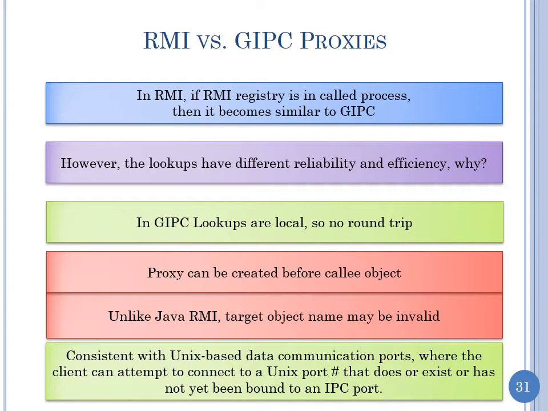On the same port, you can send messages, data, or you can send procedure calls. And in data ports, the same philosophy is used as GIPC, that you can try to connect to a host, to a port that doesn't exist at the other end, and you'll get a connection refused or connection not enabled message, which is equivalent to getting a proxy that's unbound. Okay? So it's consistent with that.